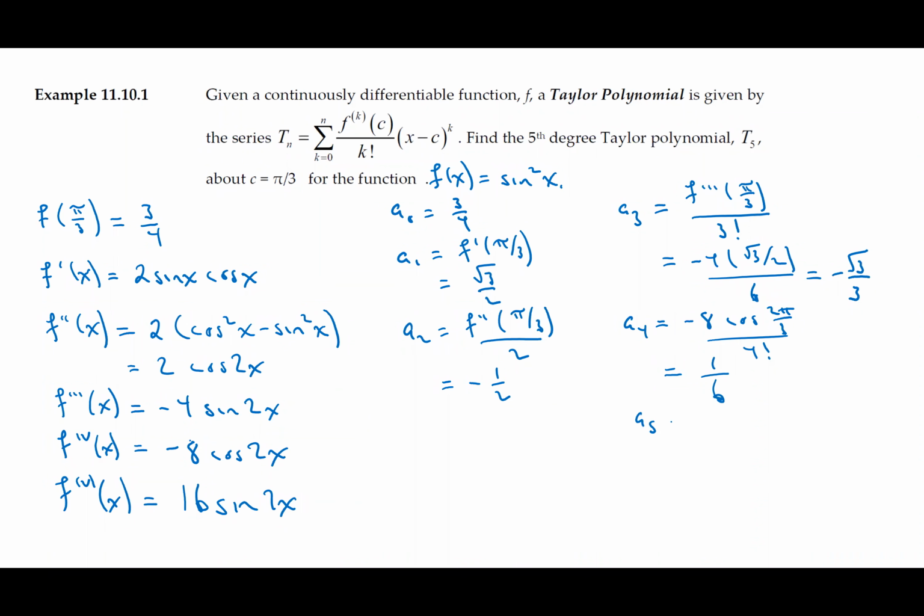And you can go off to the side and work these through if you need to. And then 16 sine 2 pi thirds over 5 factorial, and that's going to be root 3 over 15. Okay, so I've got all my coefficients now, so I can write my polynomial.